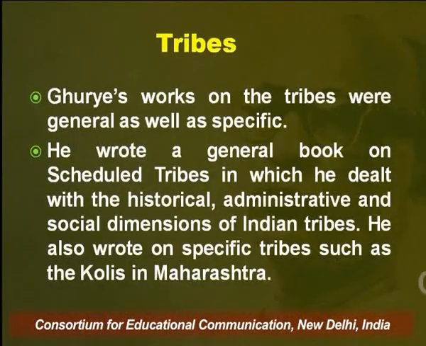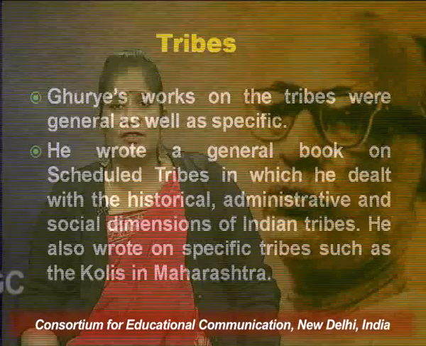He wrote a general book on scheduled tribes in which he dealt with the historical, administrative and social dimensions of Indian tribes. He also wrote on specific tribes such as the Kolis in Maharashtra. So, the understanding of tribal society as integral to the understanding of India was very important, and this is reflected in his work on tribes.